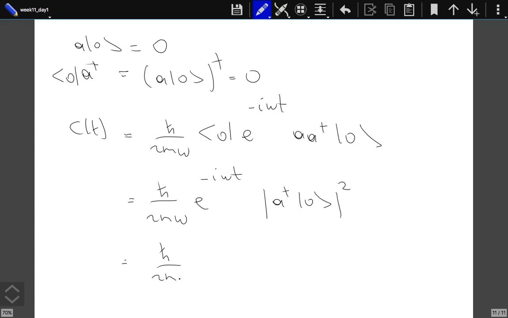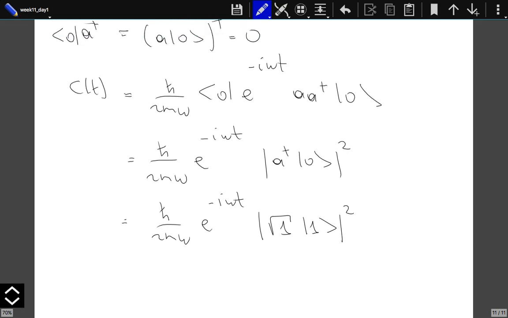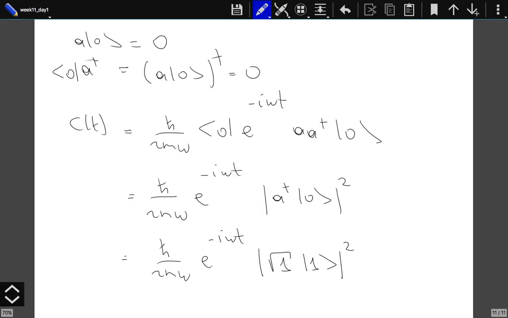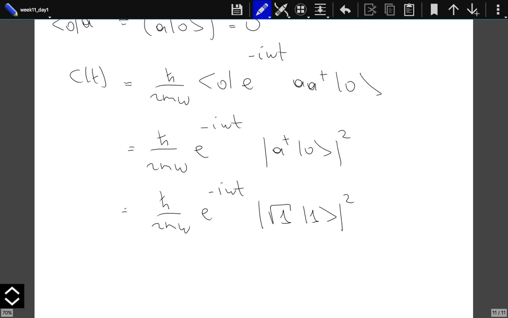That, a dagger acting on the ground state, gives me square root of 1 multiplied with the first excited state. But the first excited state is normalized, so its magnitude is 1. So C of t is equal to h bar over 2m omega, e to the power minus i omega t.